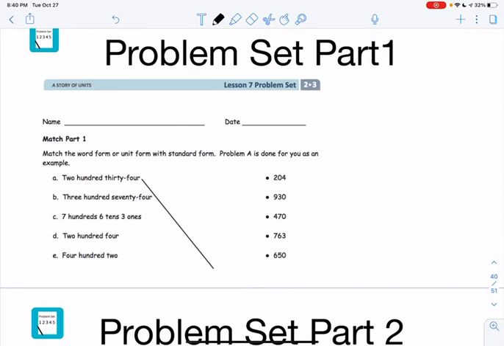Okay, so let's go ahead and look at these. So I see C is kind of the easiest one for me to look at. 7 hundreds, 6 tens, and 3 ones. So I know that is 763 because it even says it right there. So I'm going to put my first one right there.